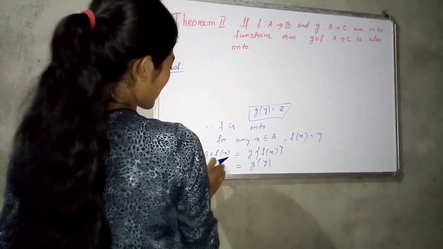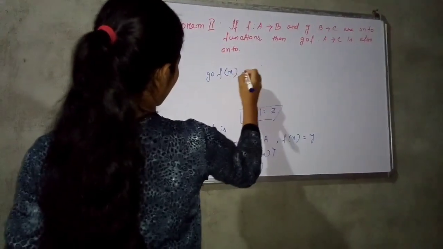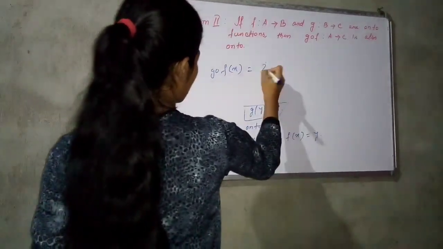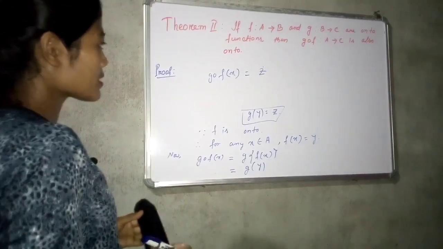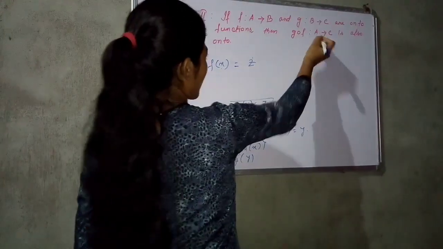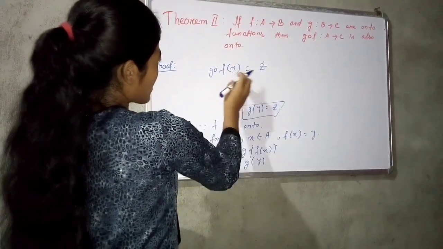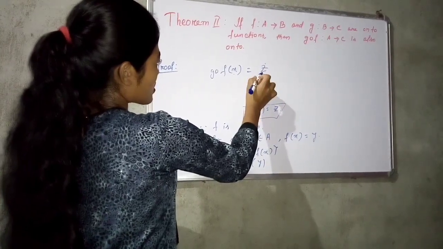Therefore, g naught f of x equals z. Now we can see here, for any element x in A, we get g naught f of that element equal to z, which is in C.